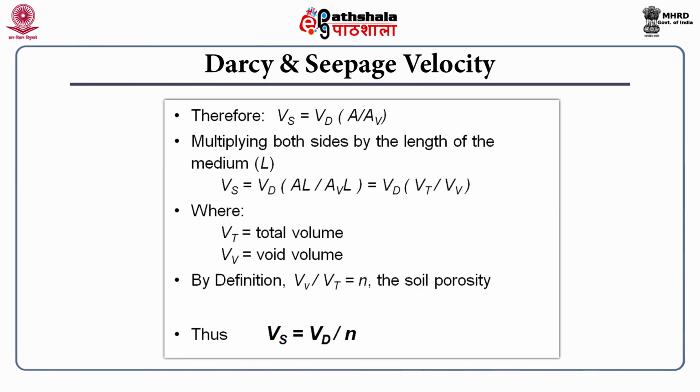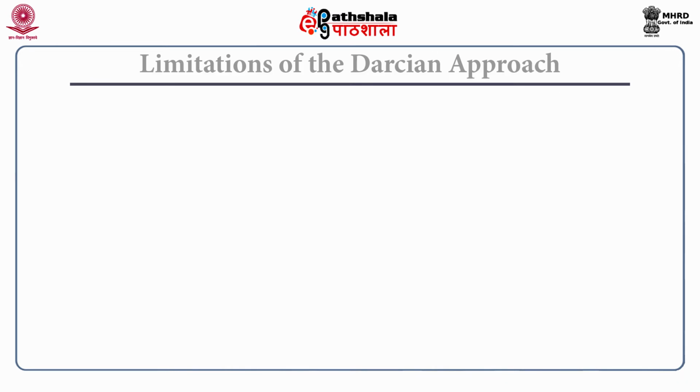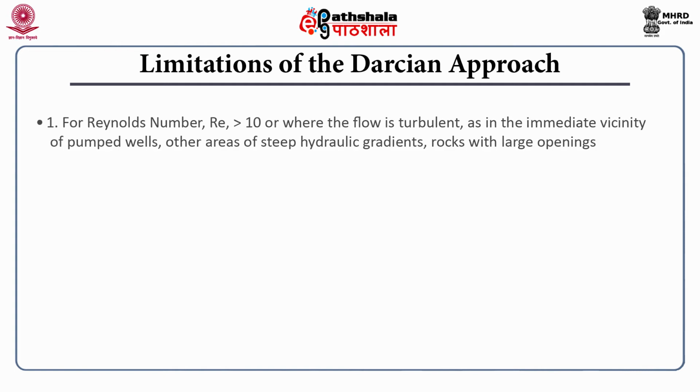Now, the question comes: what are the conditions where we cannot apply this Darcy's approach? First, Darcy's law is applicable for laminar flow. When the Reynolds number becomes very high, it means the flow is turbulent, and we cannot get accurate results by applying Darcy's approach.